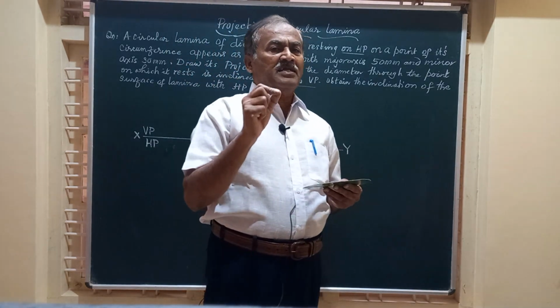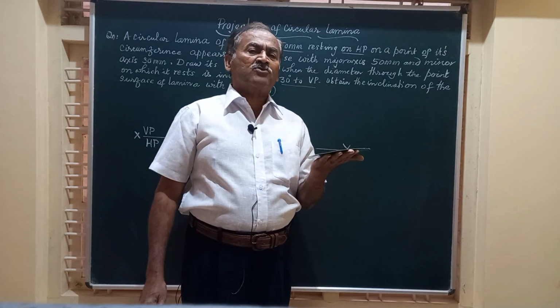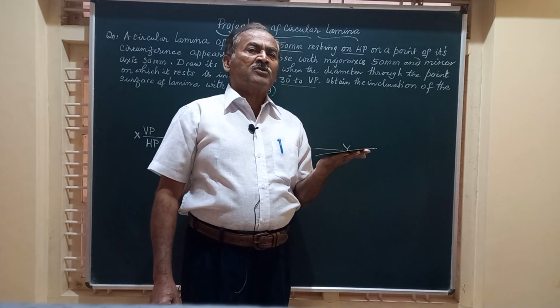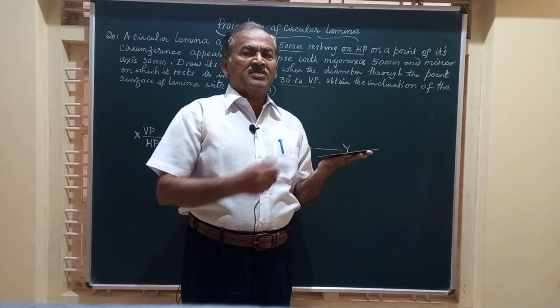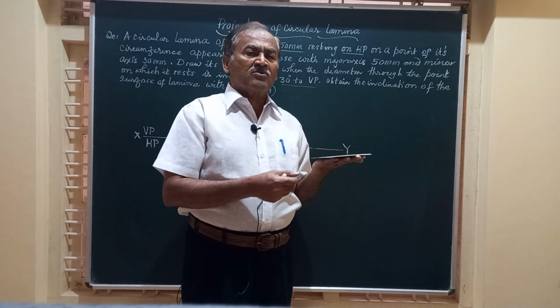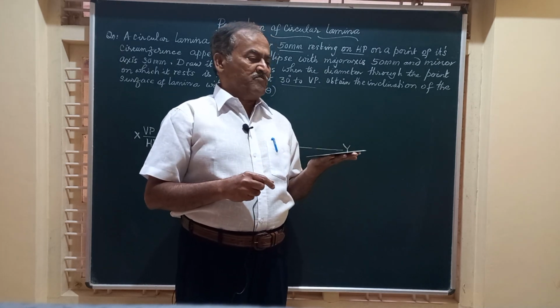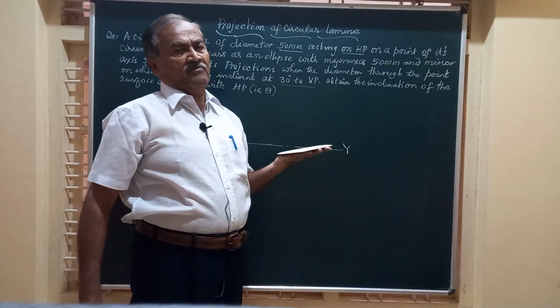So this is a clear indication that the surface of the lamina has to be placed on HP, since one of the points on the periphery of this circular lamina is on HP. And obtain the top view and the front view.